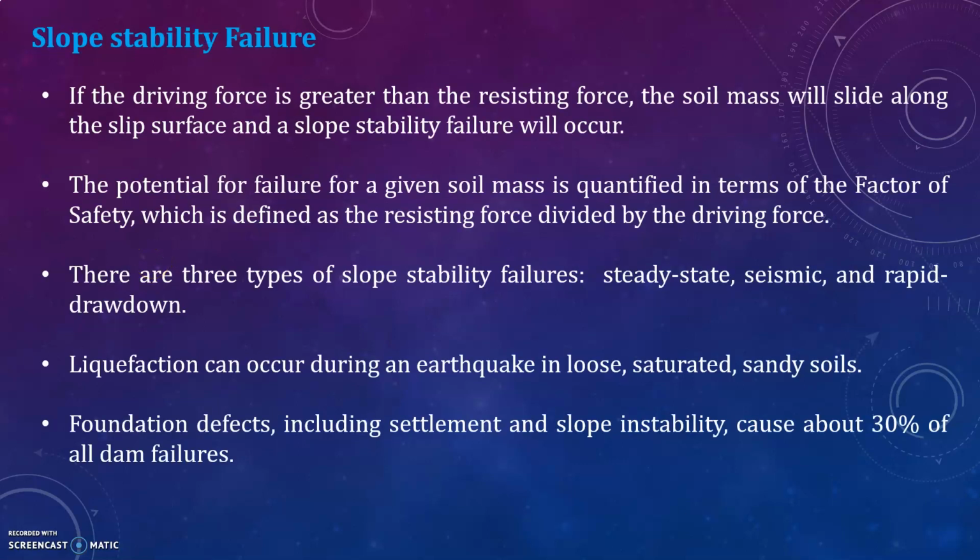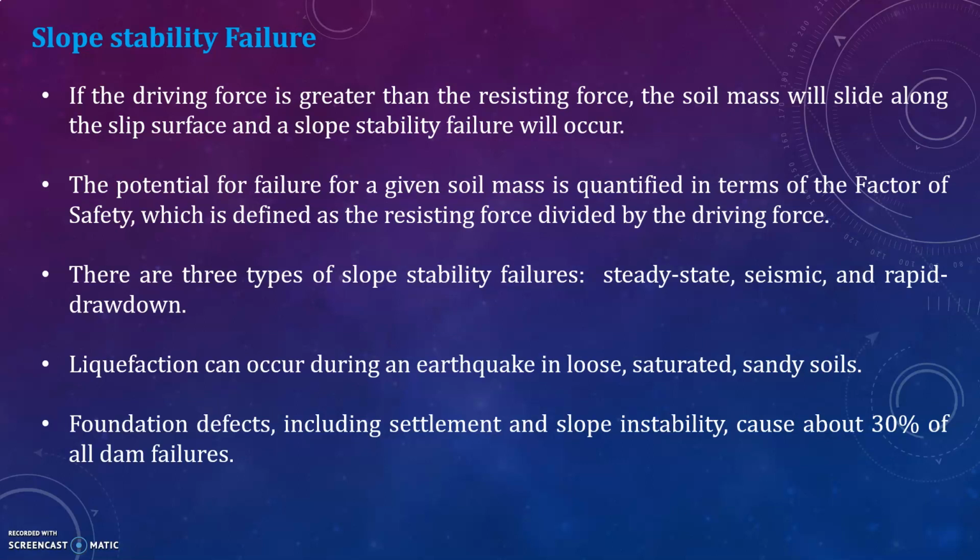Okay, so these are some of the common reasons for slope stability failure. The first one is the driving force being greater than the resisting force, so the soil mass may slide along the slip surface and slope stability failure occurs. The potential for failure for a given soil mass is usually quantified in terms of factor of safety. And there are three types of slope stability failure: steady state, seismic, and rapid drawdown.